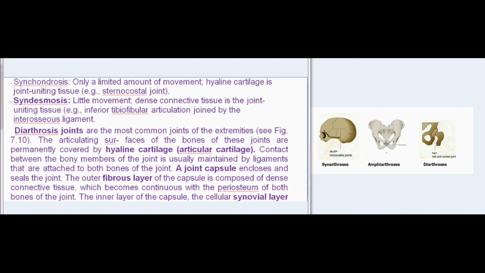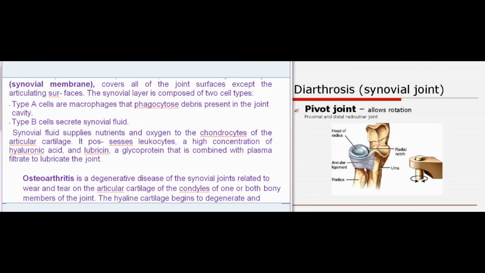The inner layer of the capsule, the cellular synovial layer, synovial membrane, covers all of the joint surfaces except the articulating surfaces. The synovial layer is composed of two cell types. Type A cells are macrophages that phagocytose debris present in the joint cavity. Type B cells secrete synovial fluid.